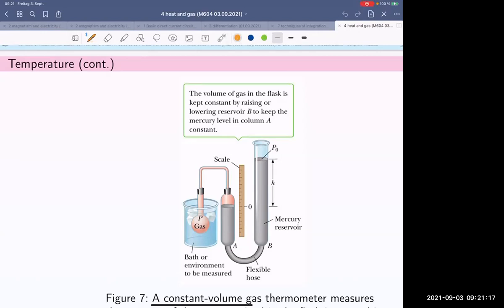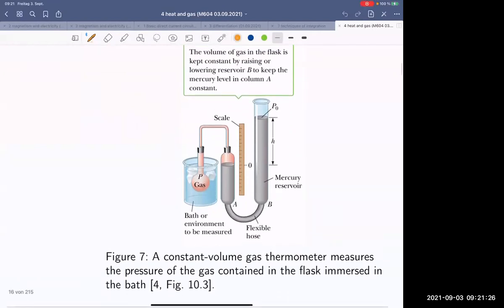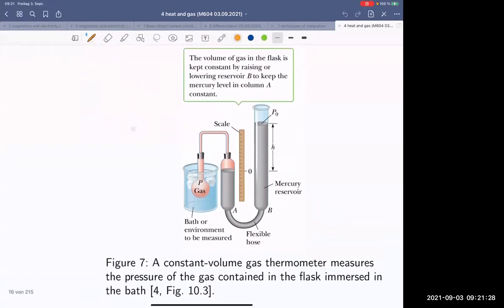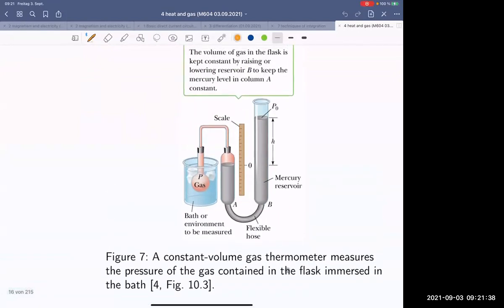Okay, the name is taken from the Danish people. Okay, yeah, this is the experiment, in order to discover how the Kelvin scale emerges. The constant volume of gas thermometer measures the pressure of the gas contained in the flask immersed in the bath.